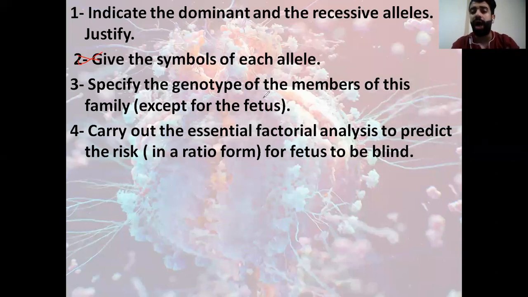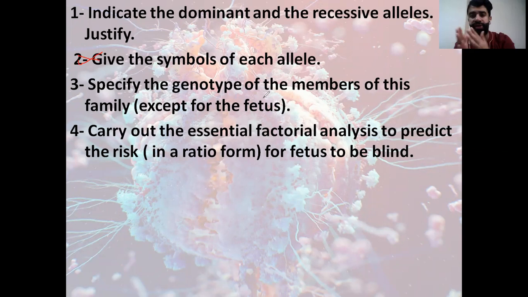That means you have to give the symbols. If I didn't ask for the symbols, your responsibility, your job, is to give the symbols. If you didn't do so and you use symbols of your own, this will lead to crossing parts 3 and 4, both of them. So pay attention to this.